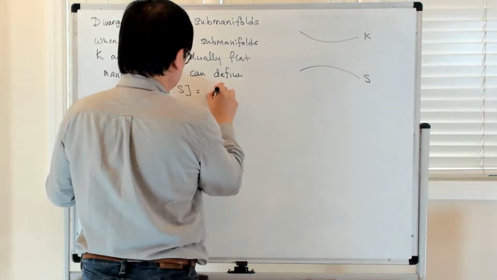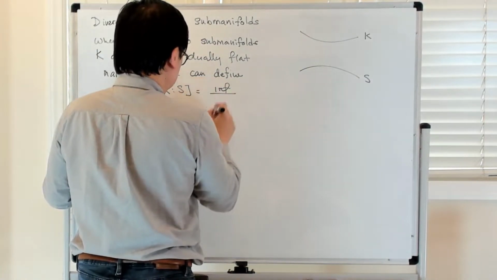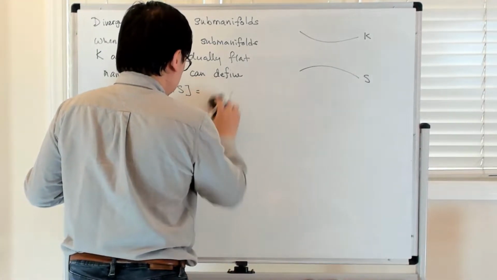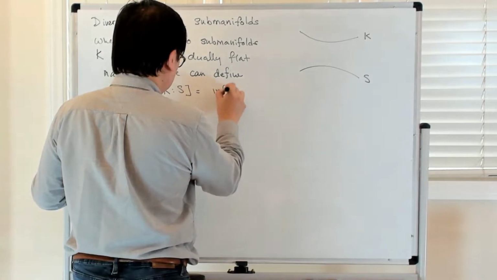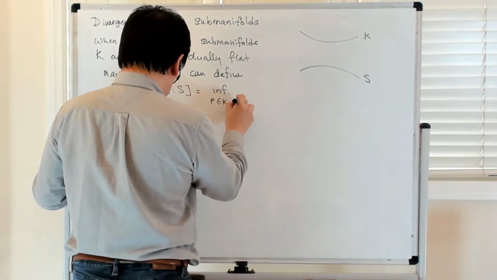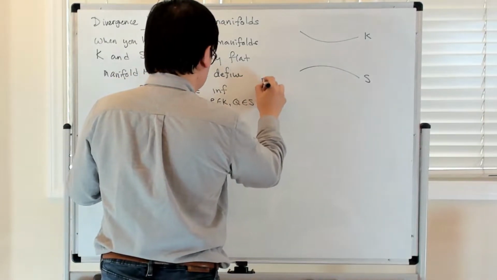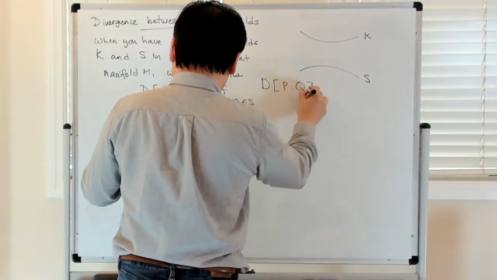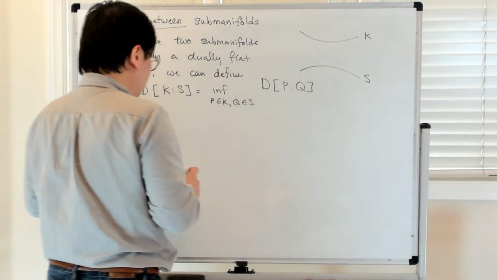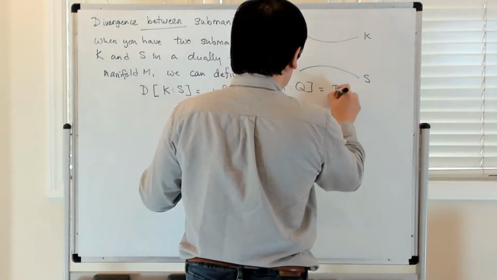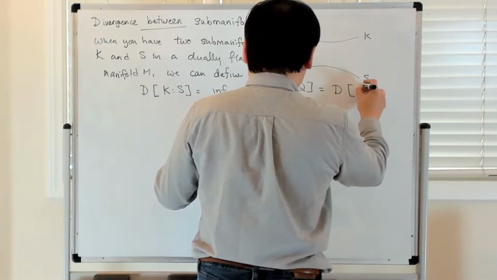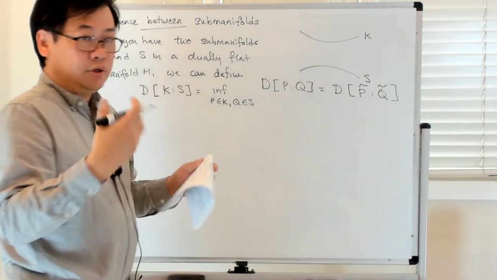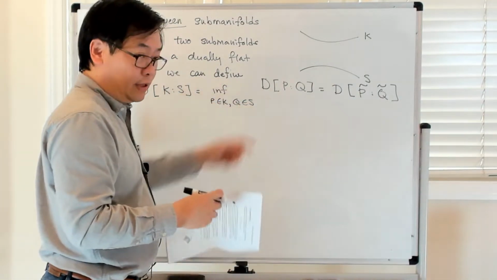And that's just the infimum over P in K, Q in S of the divergence between P and Q. And then I'm going to think of this as equal to the divergence between a P tilde and Q tilde, where P tilde and Q tilde are the arg infimum of this, all right?